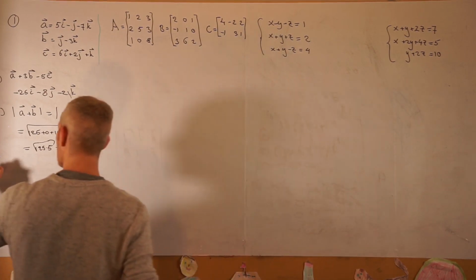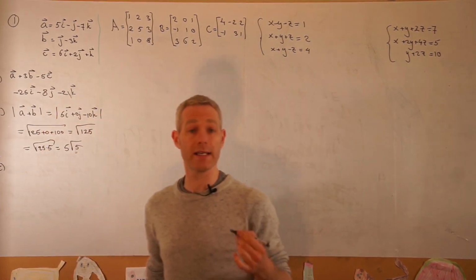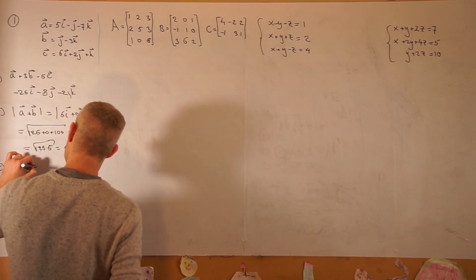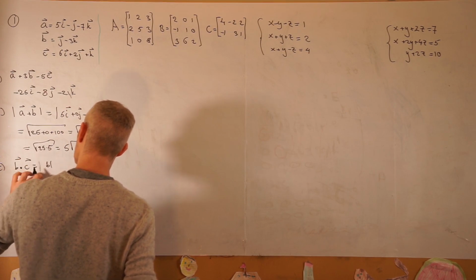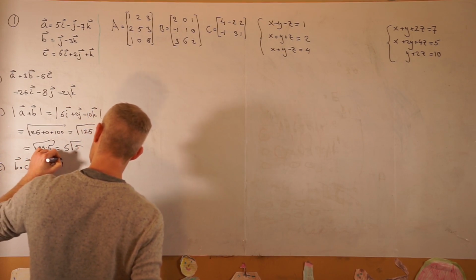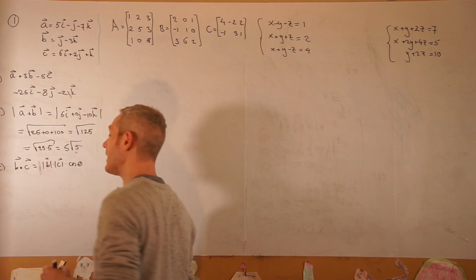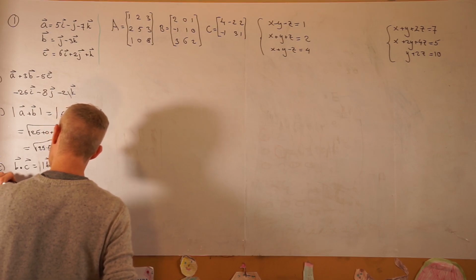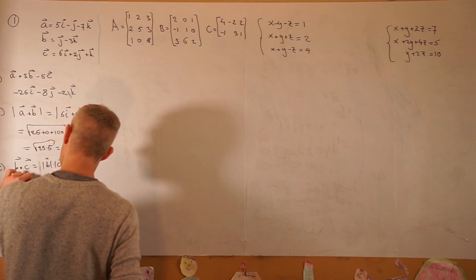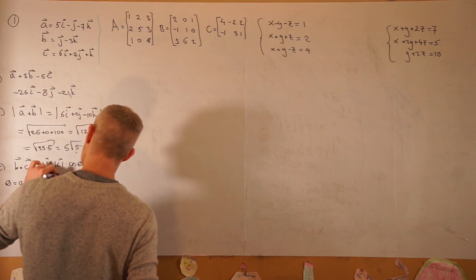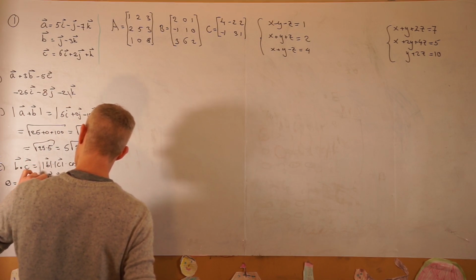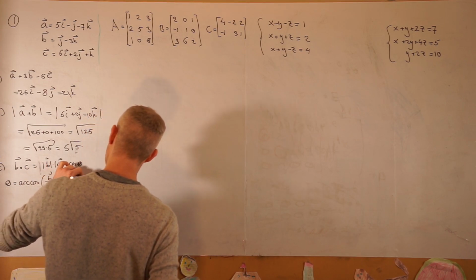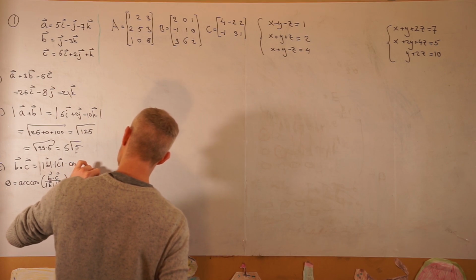The next question is determine the angle between vectors b and c. Well, we know that if we take the dot product between b and c, it is equal to the length of b times the length of c times the cosine of the angle between b and c, and this is the one we're after. So we can calculate theta as the arc cosine of the inner product between b and c over the lengths of these vectors, which is 1.26 radians.